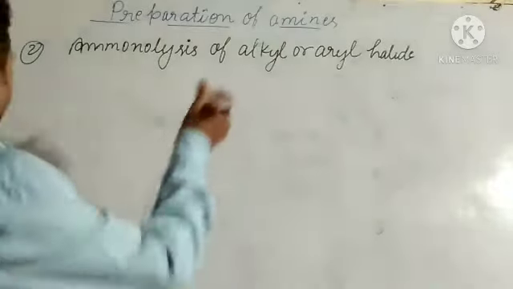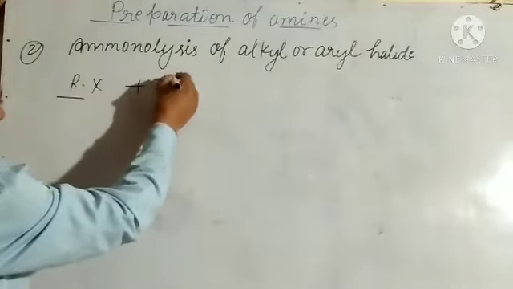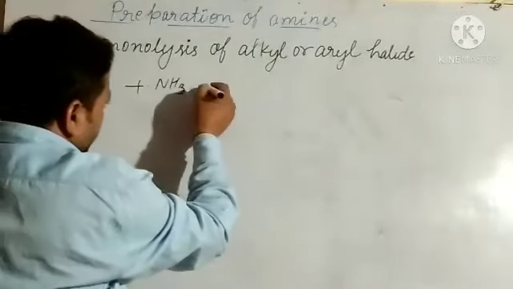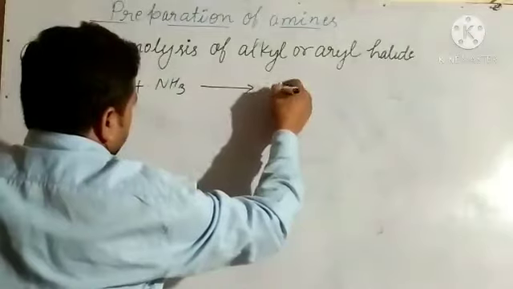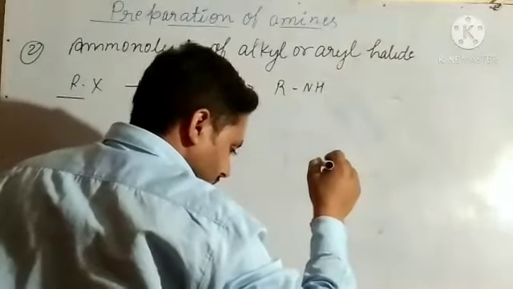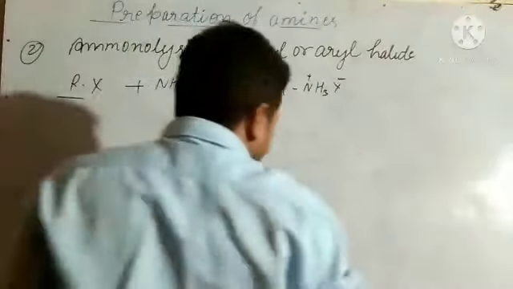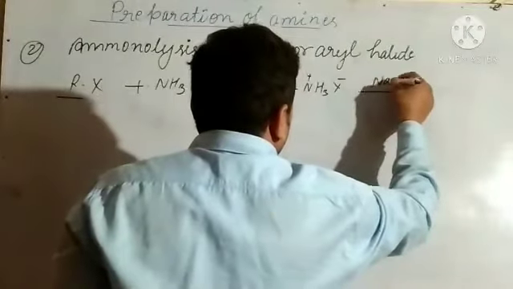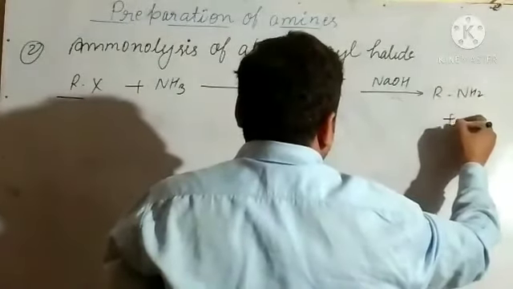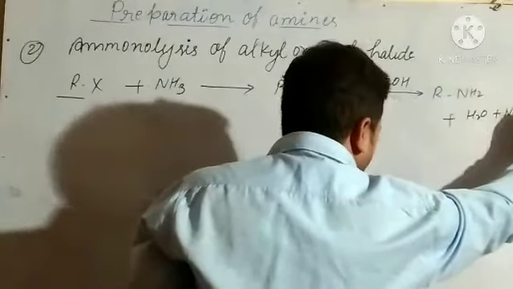Aryl or alkyl halide reacts with ammonia and forms a salt, which on reaction with NaOH gives primary amine plus H2O plus NaX.